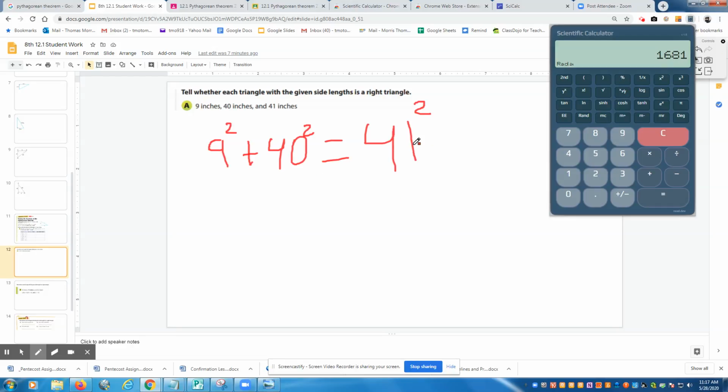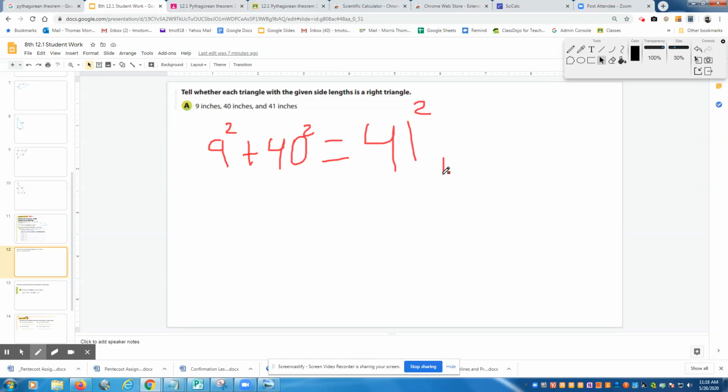Now if this is a right triangle, I'm going to hit the square root and it's going to equal 41. And it does. So that means this is a right triangle, because when I plug the three sides in, they satisfy the Pythagorean theorem.